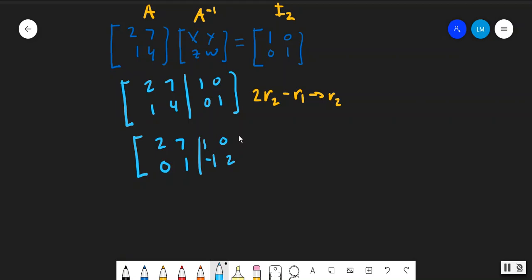Now our next goal will be to get this to be a 0. So we'll do the new operation: row 1 minus 7 times row 2 to give us a new row 1.